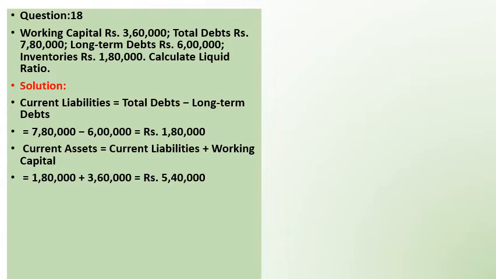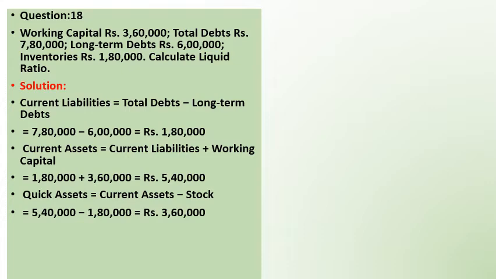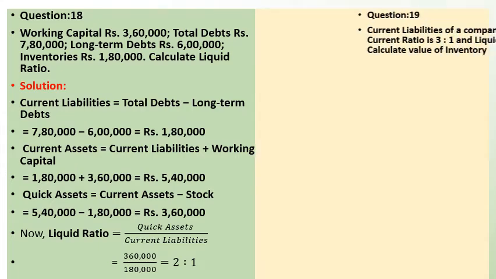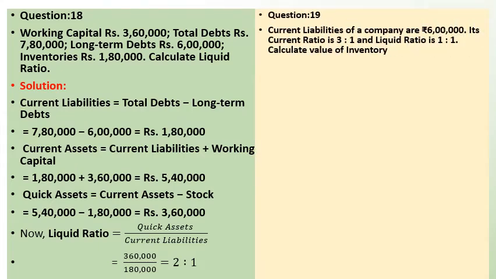If you interchange the sides you will get the current assets value, and quick assets is now current assets minus stock, that is 3,60,000. Liquid ratio is equal to quick assets by current liability, which comes to 3,60,000 by 1,80,000 equal to 2:1. We'll go solve another question.